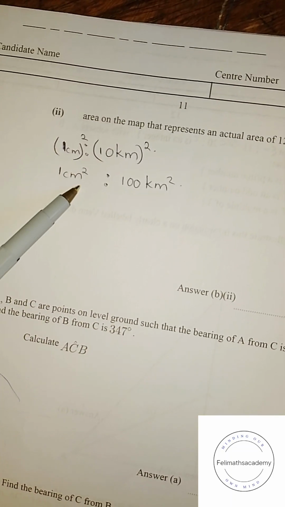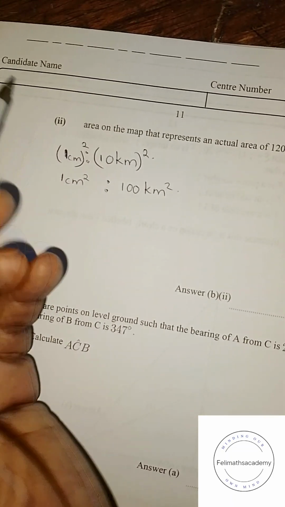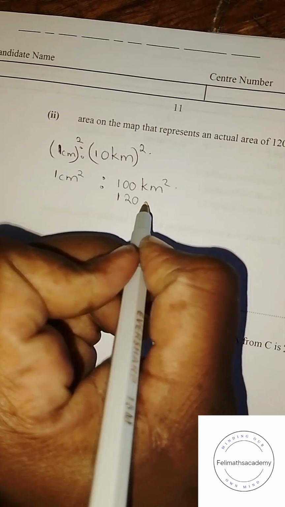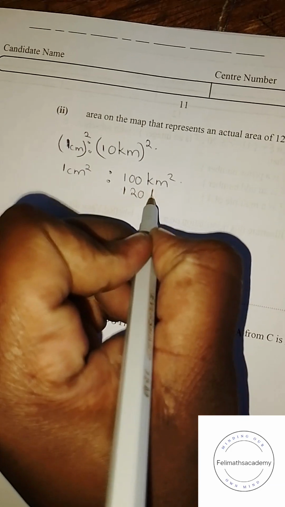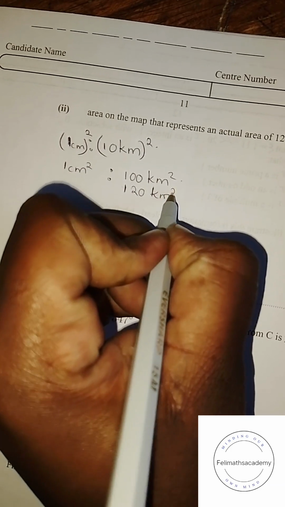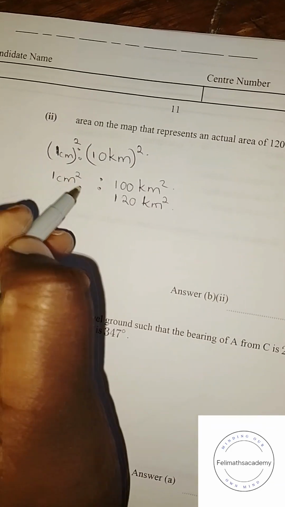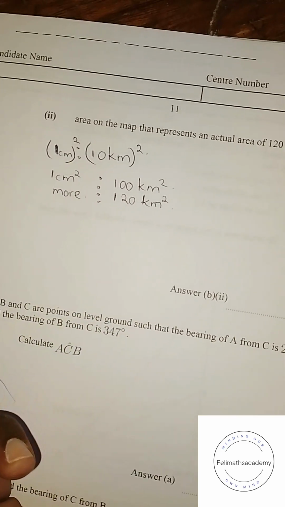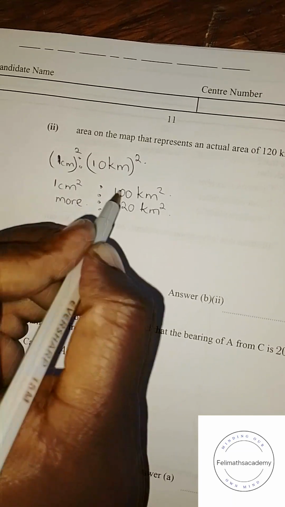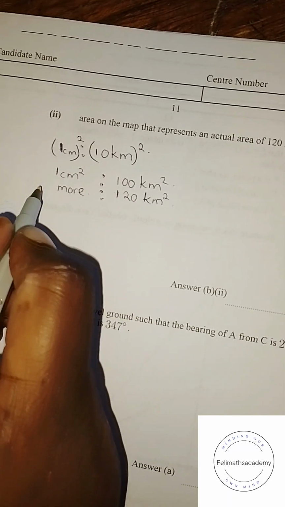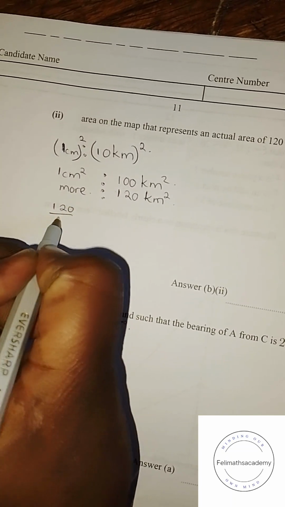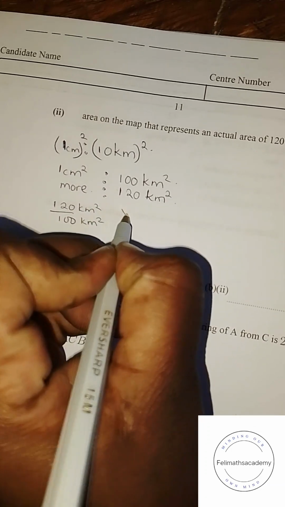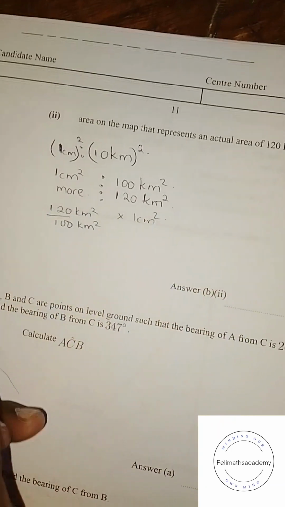So if 1 square centimeter represents 100 square kilometers, what will an area of 120 square kilometers be represented by? It will be represented by 120 over 100, that's square kilometers, multiplied by 1 square centimeter.